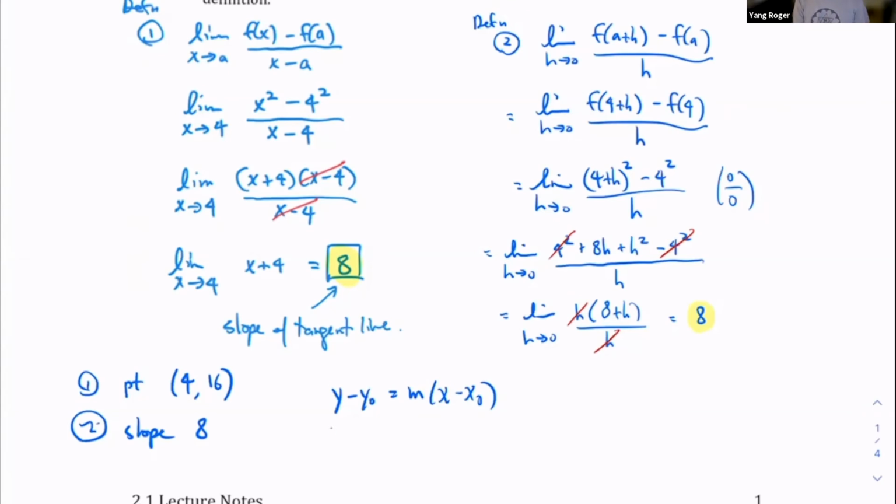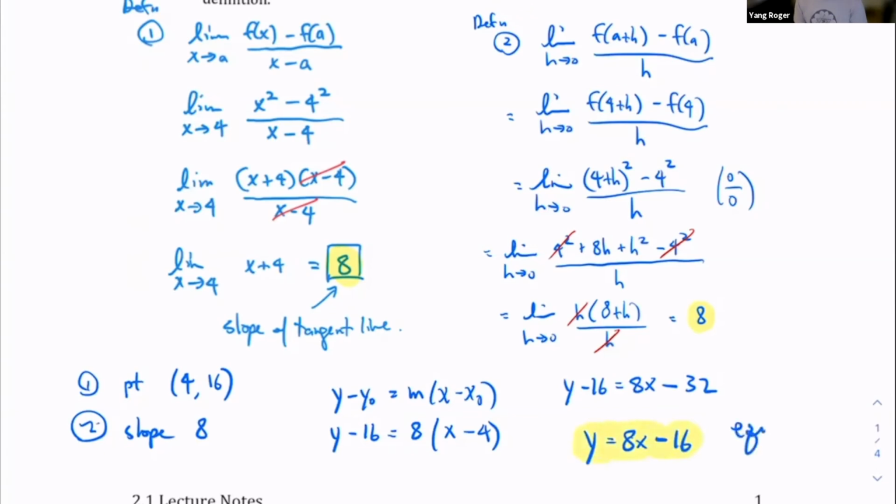So it'll be y minus 16 is equal to 8 times x minus 4. And then when we simplify this, we get y minus 16 is equal to 8x minus 32. So I'm going to add 16 to both sides to get y is equal to 8x minus 16. And that's the equation of the tangent line. Are there any questions about that?